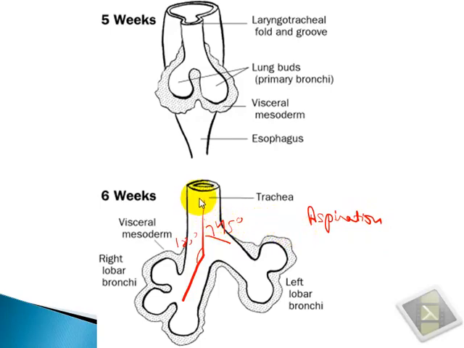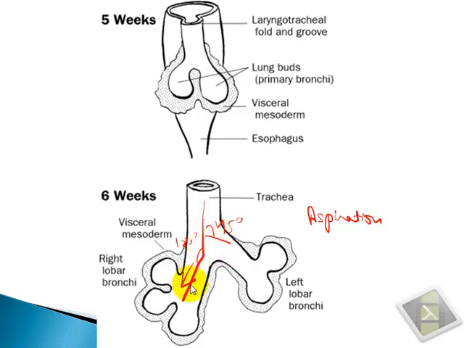There are more chances of the foreign body going into the right side of the lung than the left side. So we should be able to explain why things go into the right side and not the left. This is because of the angle at the time of division of the trachea into the right and left lobar bronchi: this one is quite close to 180 degrees, whereas this is quite an acute angle.